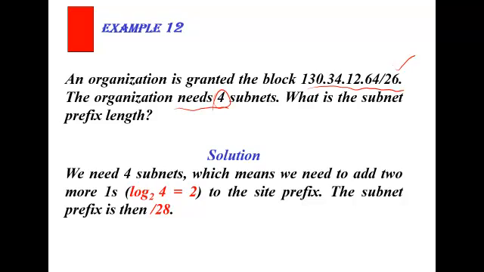The formula is log base 2 of 4, which gives 2. So we have to add 2 more bits to the prefix length, which means 2 more ones, because prefix length defines the number of ones in a 32 bit address. So the subnet prefix will be /28.